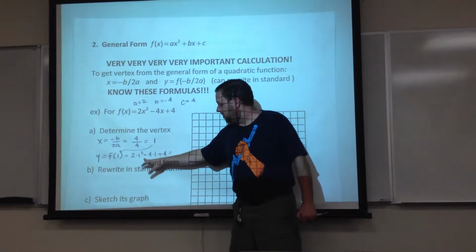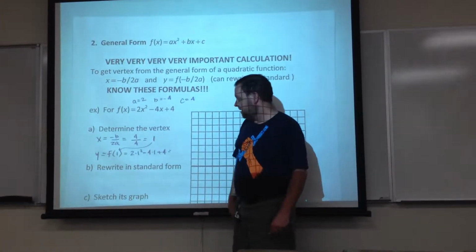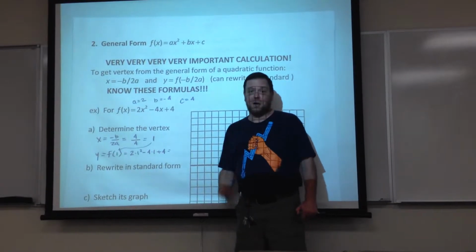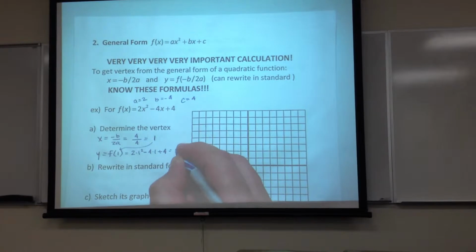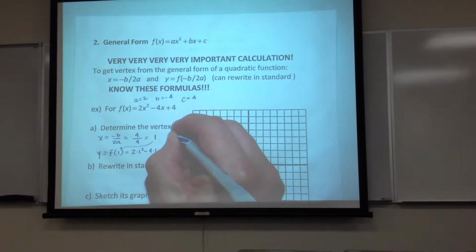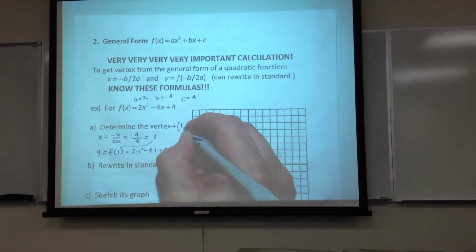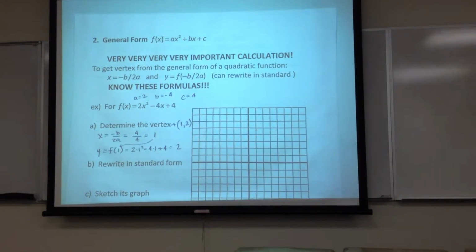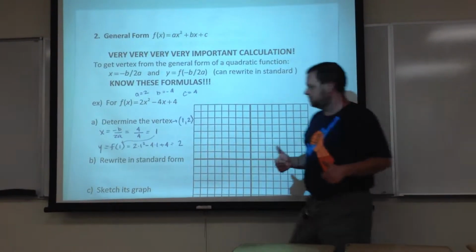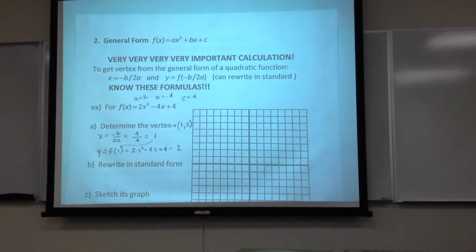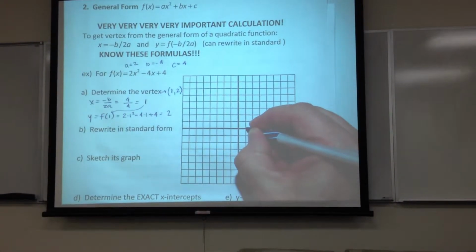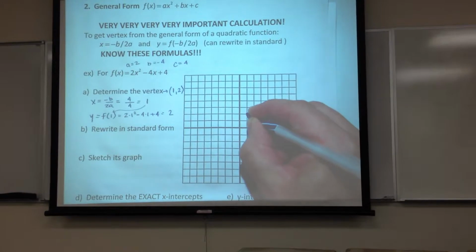That's going to be 2 minus 4 plus 4, which should give you positive 2 as the y coordinate of the vertex. With both together, your vertex is located at x equals 1, y equals 2. Alright, let's go on and plot that. Positive 1, positive 2, there we go.